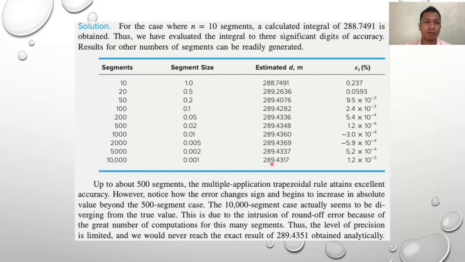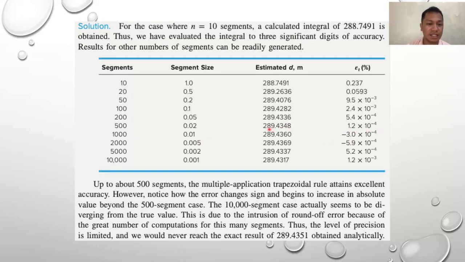The results for other numbers of segments can be readily generated. So, up to 500 segments, the multiple application trapezoidal rule attains excellent accuracy. However, notice how the error changes sign and begins to increase in absolute value beyond 500 segments.